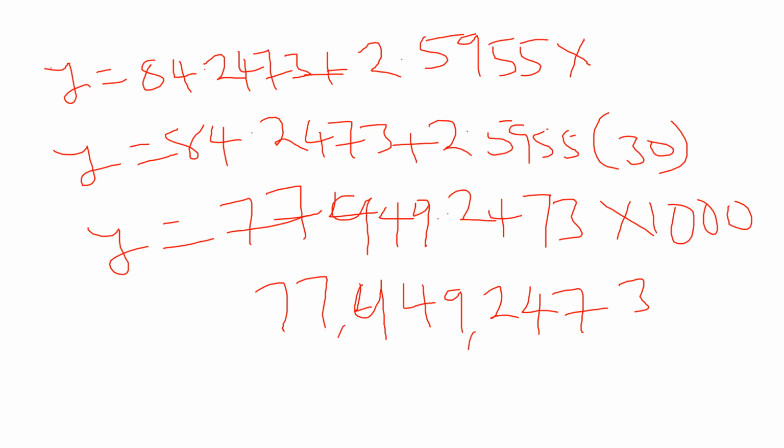So that is equivalent to 77,949,247 Kenyan shillings. So that is how you can get the regression equation and use it to approximate the value of the cost when we have the regression equation.